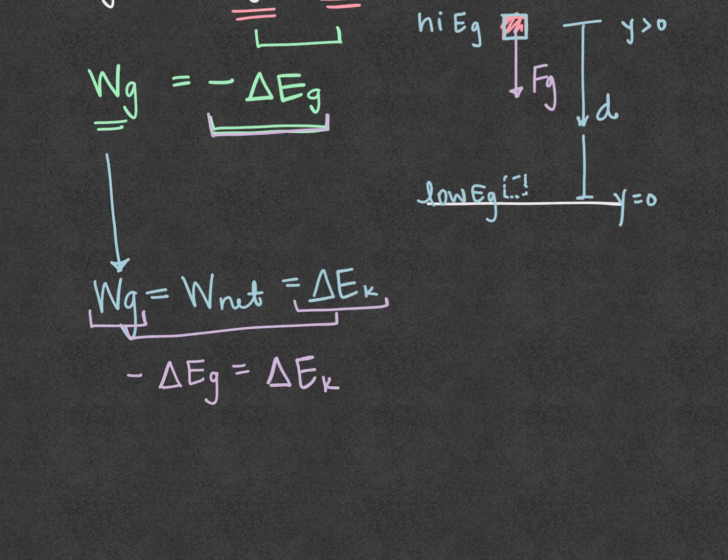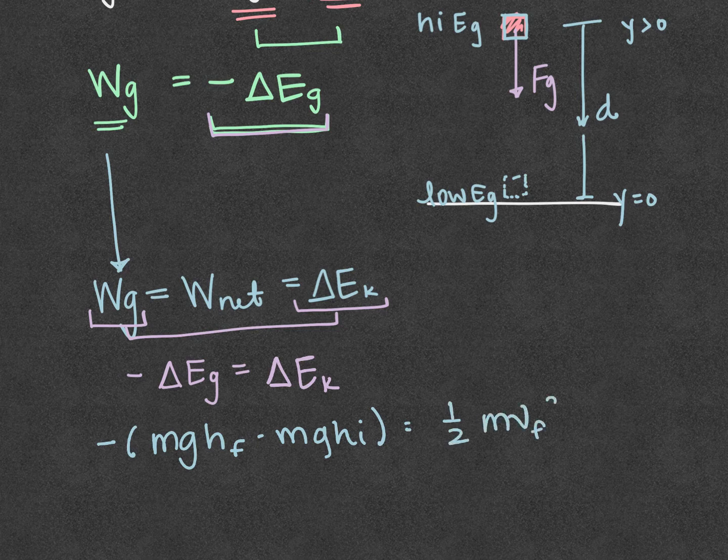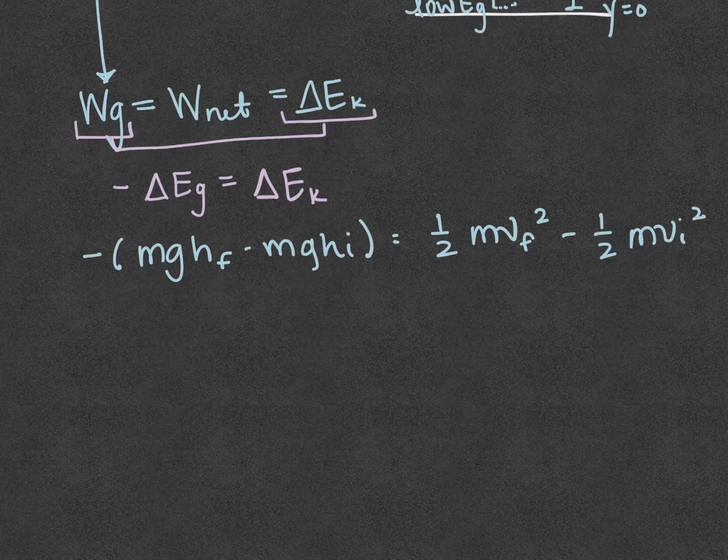Now a change, remember, means final minus initial. So I could rewrite this equation as negative m g h final minus m g h initial, equal to 1/2 m v final squared minus 1/2 m v initial squared. Remember, kinetic energy is 1/2 mv squared.